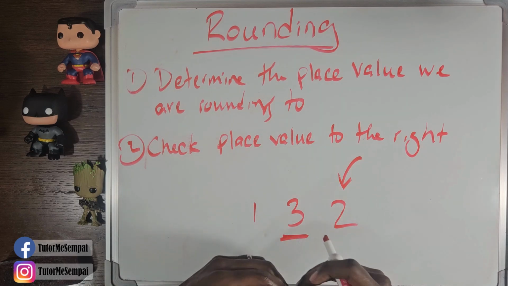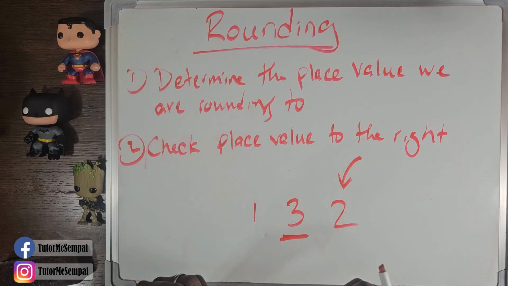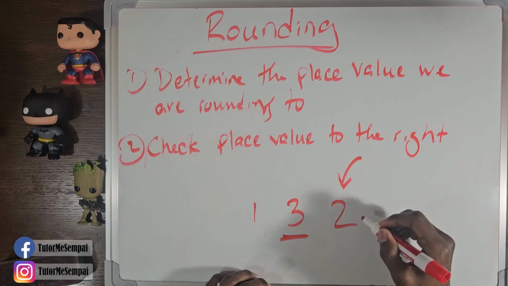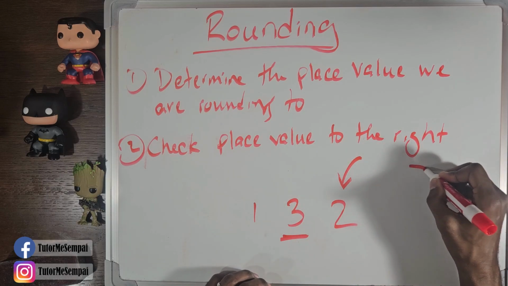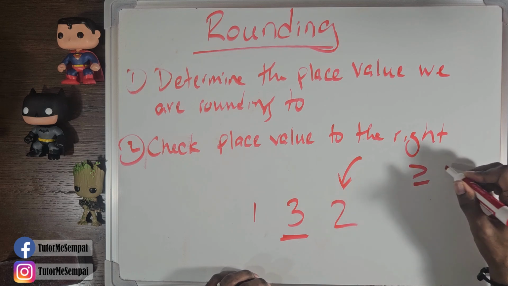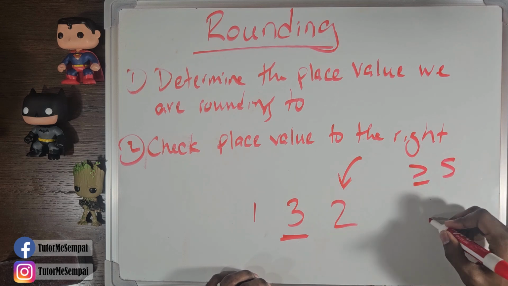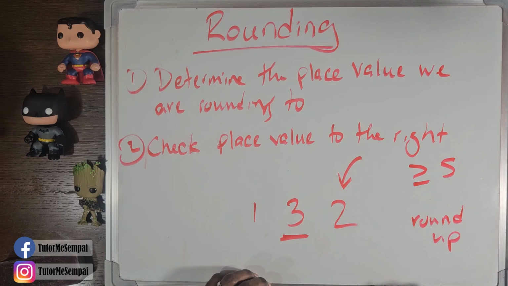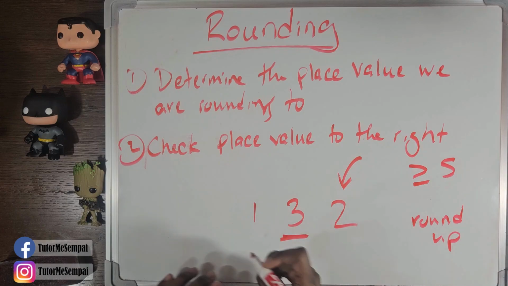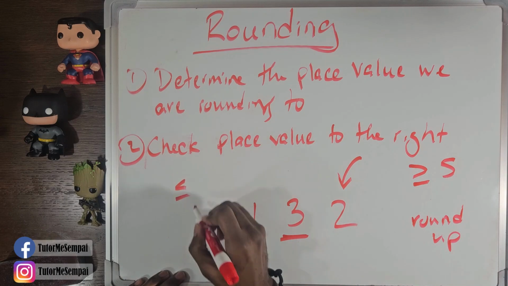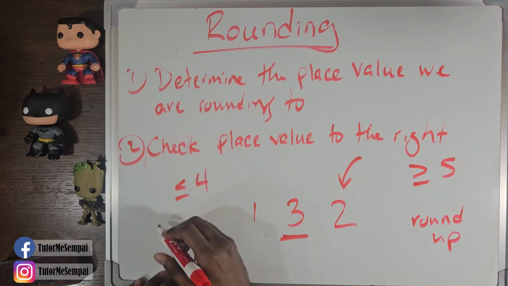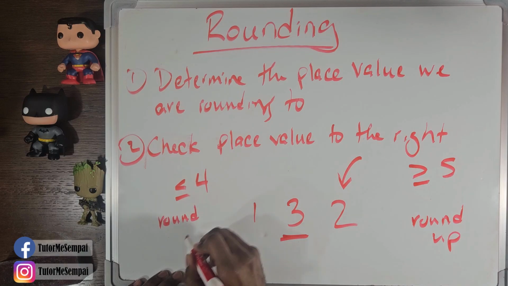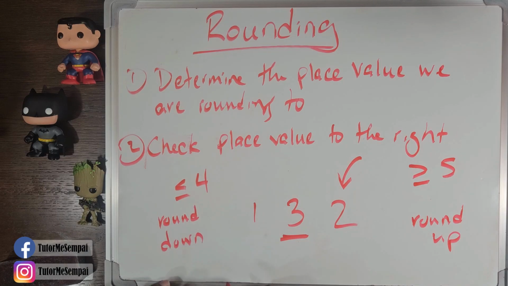Are we rounding this number up or down? If our place value is greater than or equal to 5, we're going to round up. If our place value to the right is less than or equal to 4, we're going to round down.